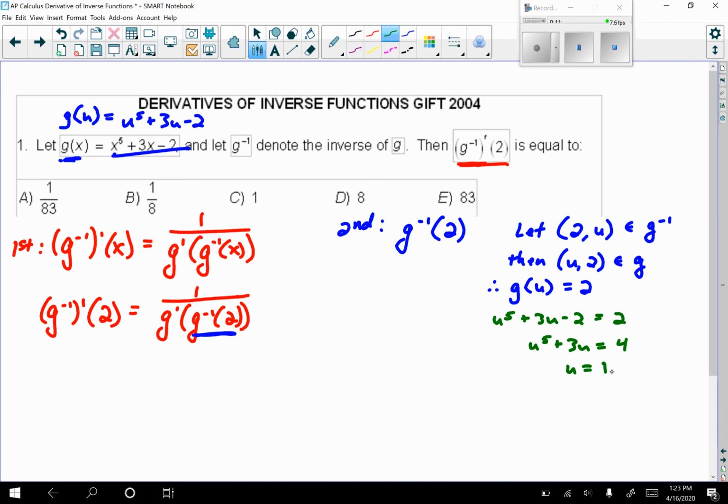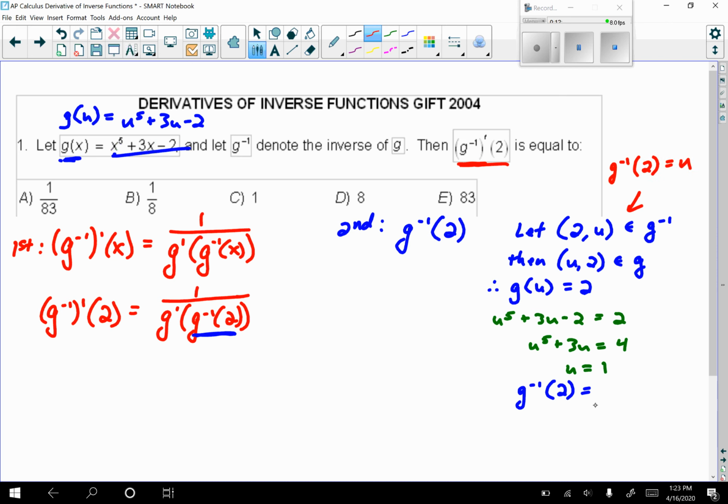So now what we're going to say is that the inverse of g of 2 is going to equal u. And going back up to the top, if I let 2 comma u be on the inverse here, we could also say that the inverse of g of 2 is going to equal u.